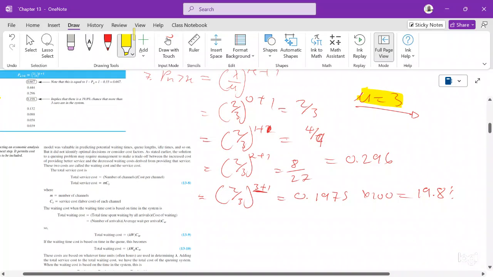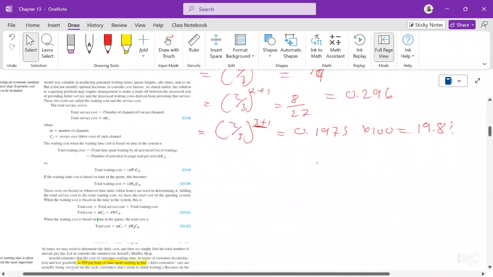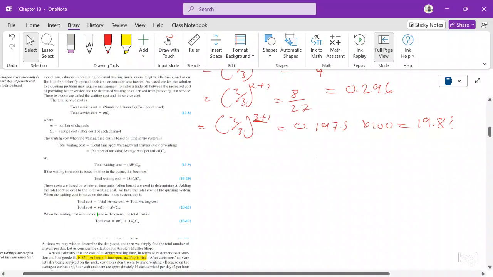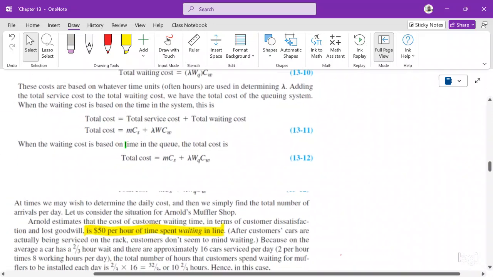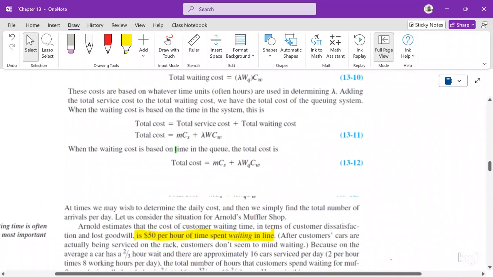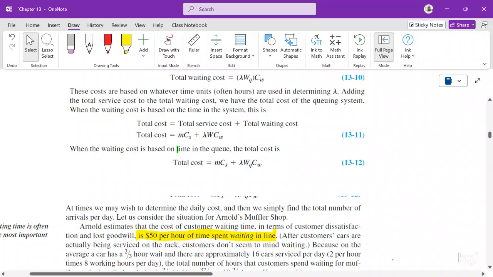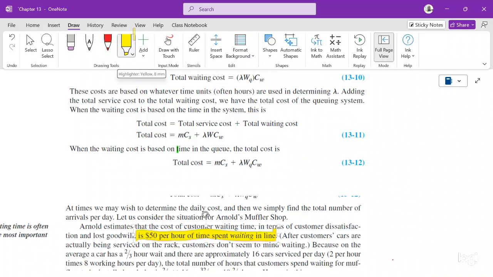So now we are losing customers. After customers are actually being serviced on the rack, customers don't seem to mind waiting, because on the average the cars wait for 2/3 hour.